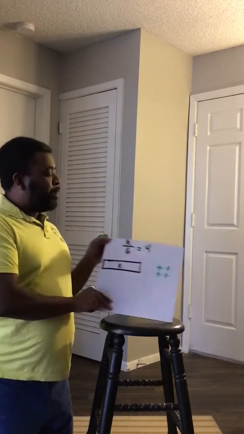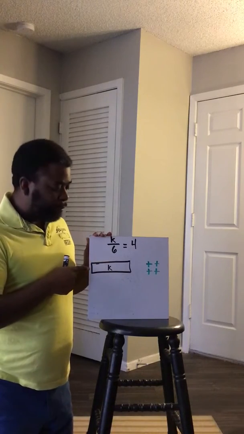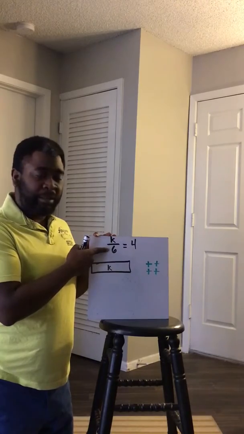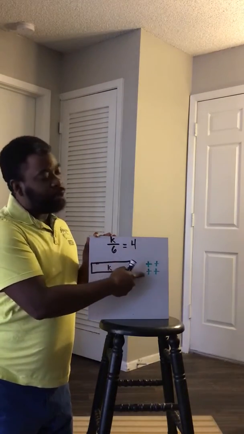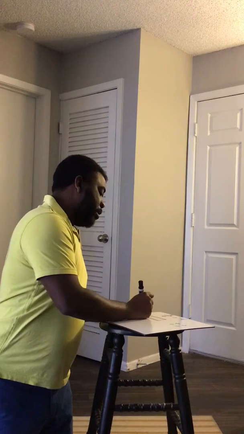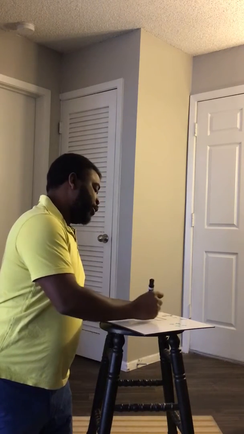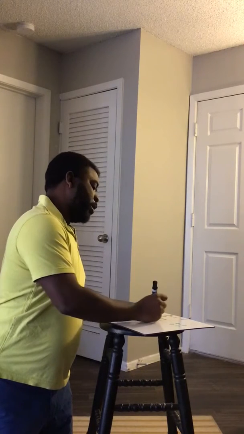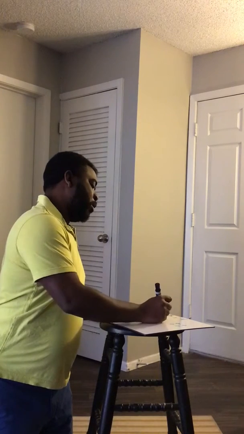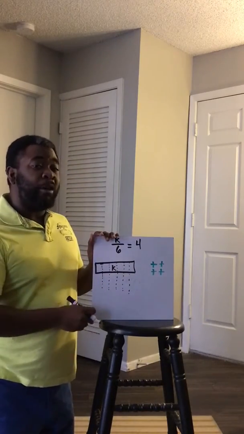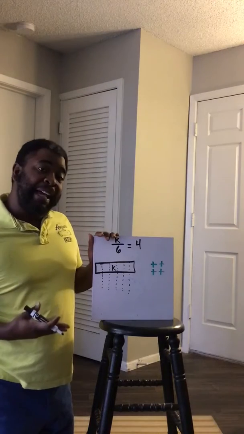So we have our variable k, and it's divided into 6 equal parts, and all of that is equal to a positive 4. So let's split our variable into 6 equal parts. I like to just draw a picture because I think drawing pictures actually makes us see it a lot easier.